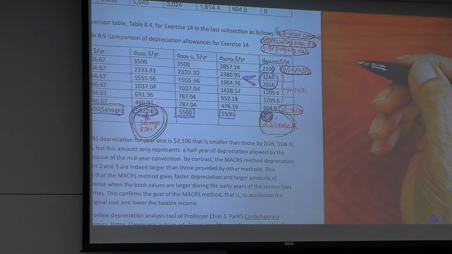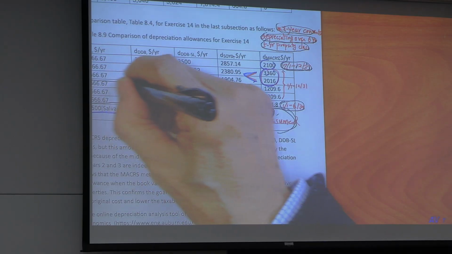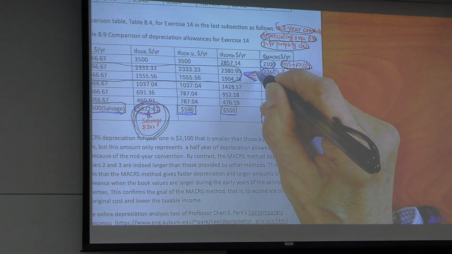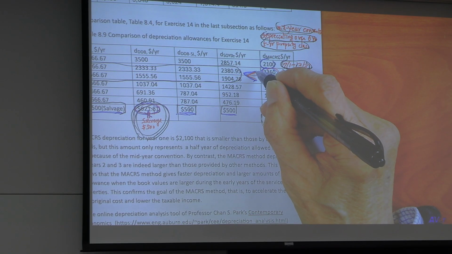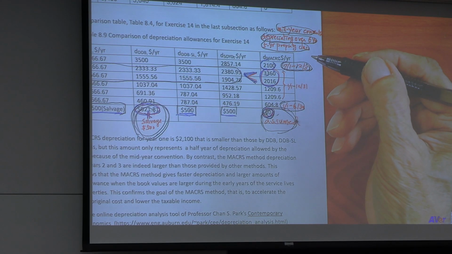You compare different depreciation. For full year depreciation, ACRS in the early years allows faster cost recovery, larger depreciation.